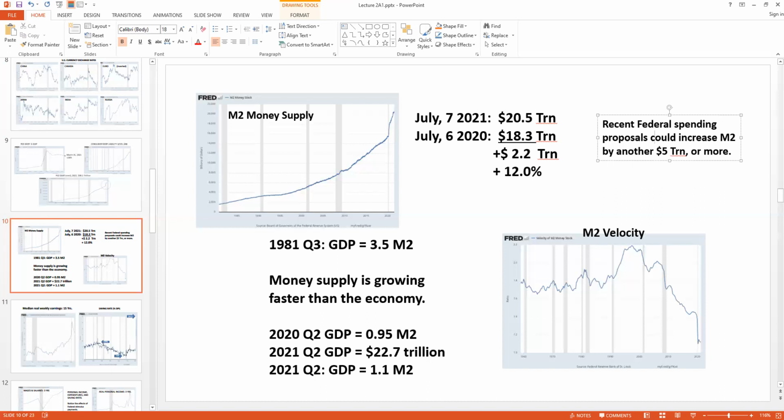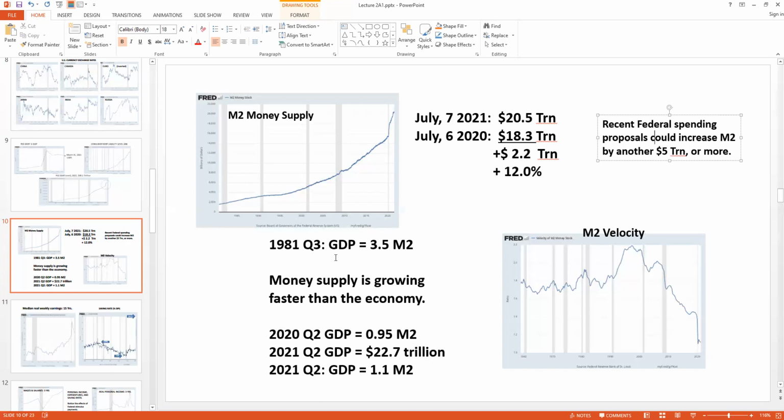But it could be 5 trillion or more. And of course, that would really increase the money supply relative to the GDP, which would inflate the money supply, and inflation brings higher prices.